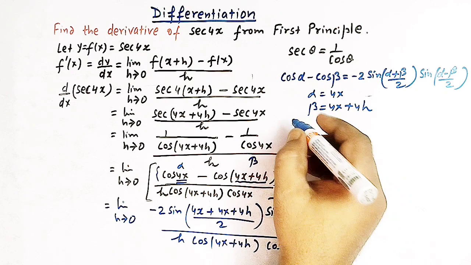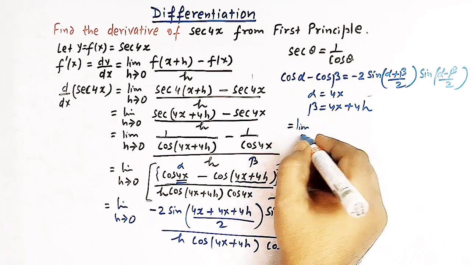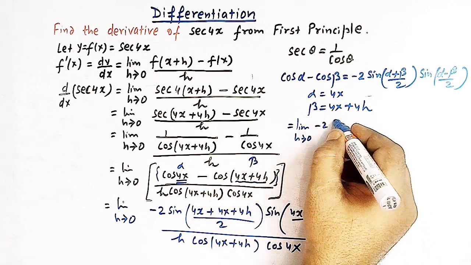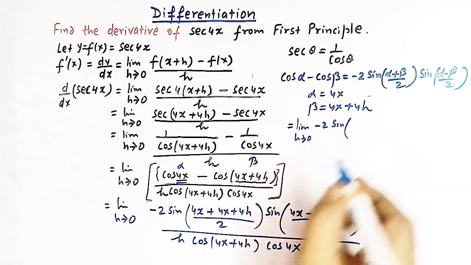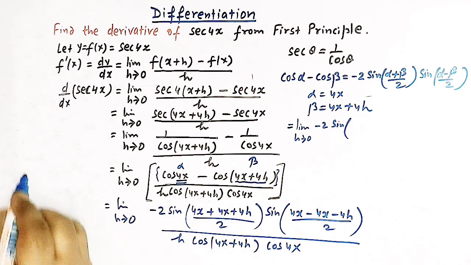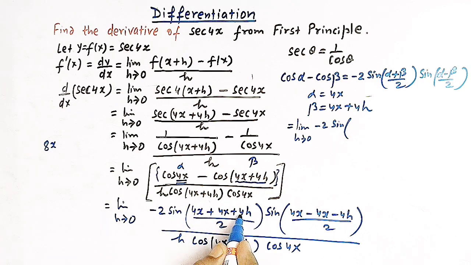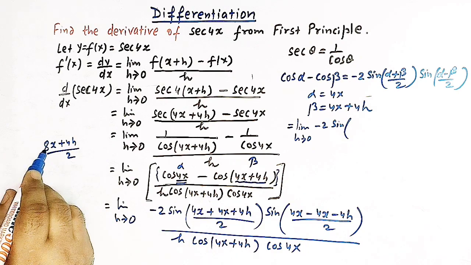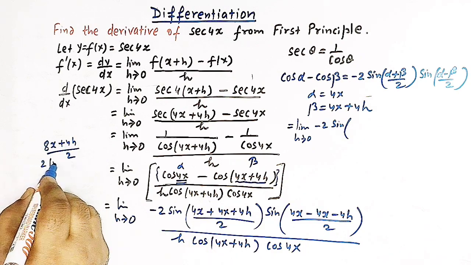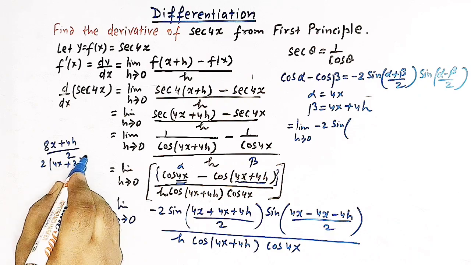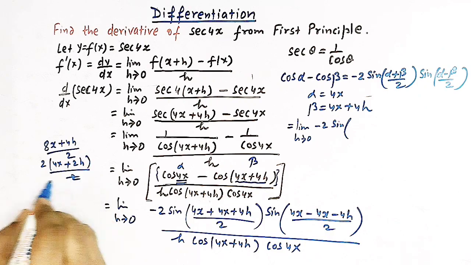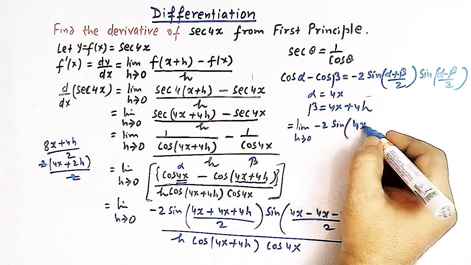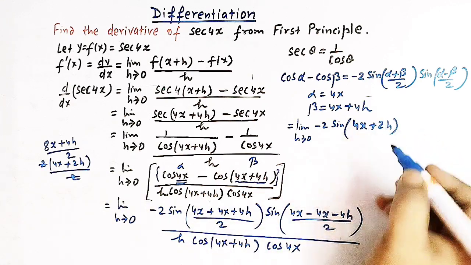So now we can write this limit as limit h tends to 0. Here we have minus 2 sine, and see, here we have 4x plus 4x is 8x, then we have 4h divided by 2, and taking 2 common, we have (8x plus 4h) divided by 2, so 2 and 2 get cancelled, so we are left with only 4x plus 2h, right?